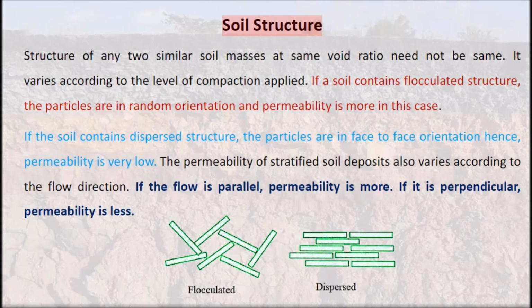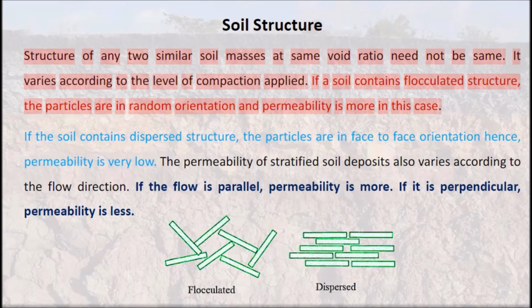Soil structure. Structure of any two similar soil masses at same void ratio need not be same. It varies according to the level of compaction applied. If a soil contains flocculated structure, the particles are in random orientation and permeability is more in this case.